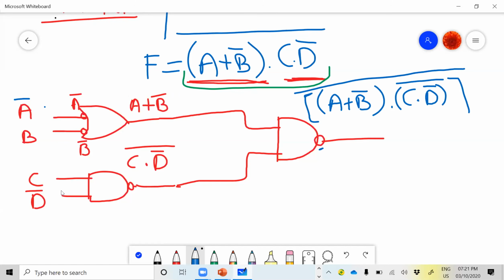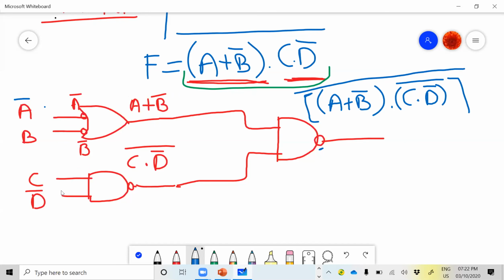There's a problem. Where? See the D complement, there's a bar above it. We should not have this one, correct? Rest is okay? Everything okay? Yes.